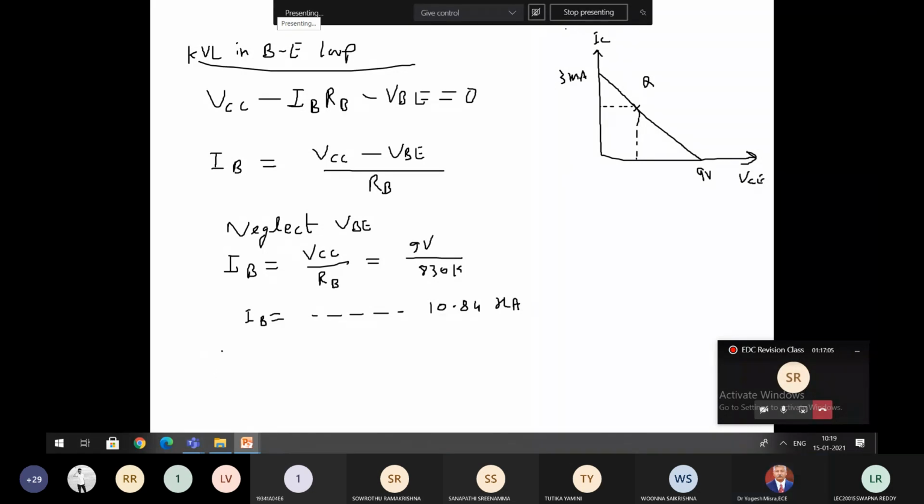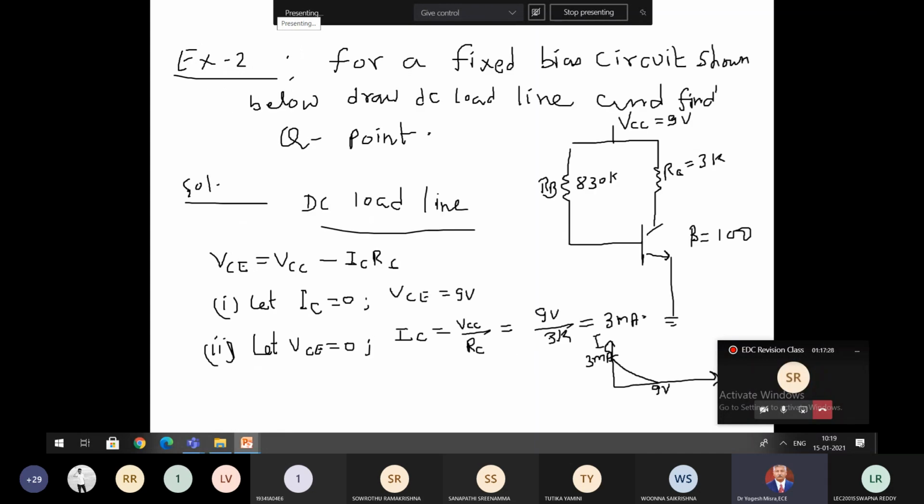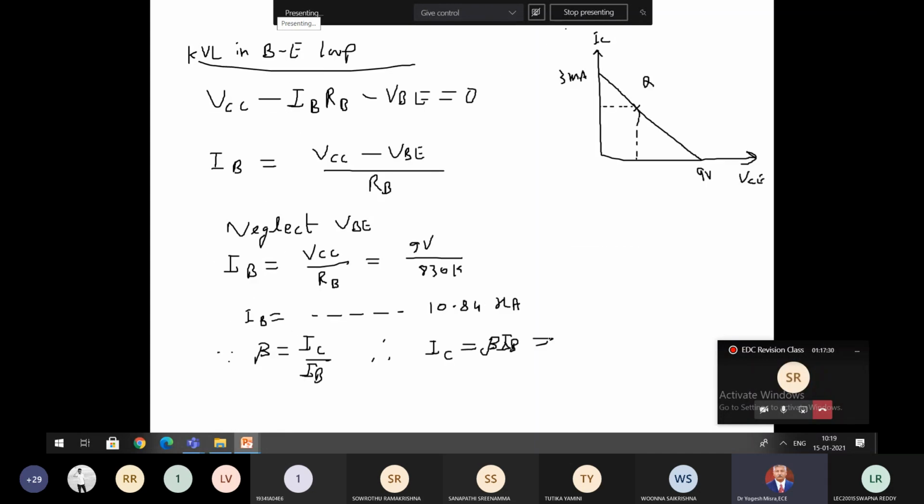Now, since beta is IC by IB, therefore we will get the value of IC, and this will be beta IB. Beta is already given in this circuit, it is 100.